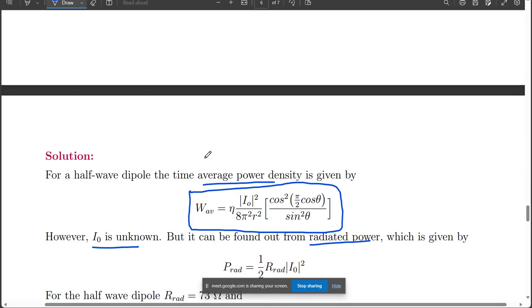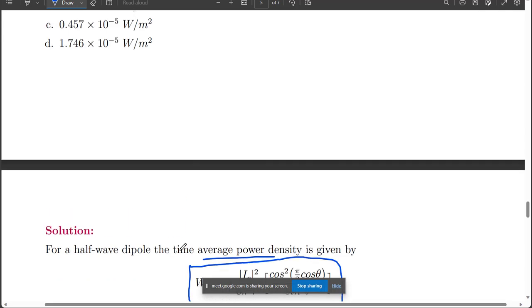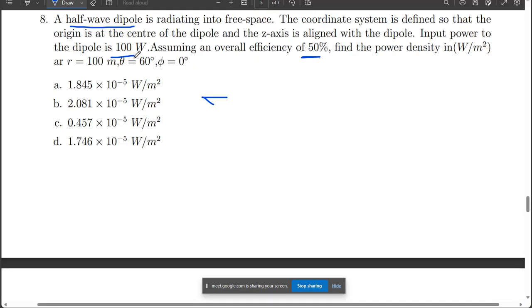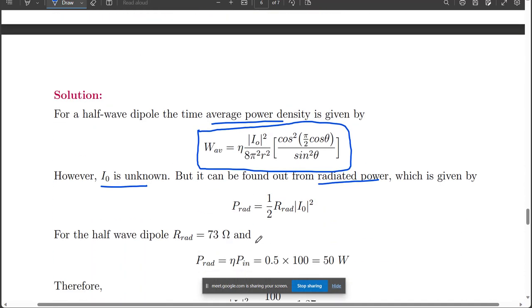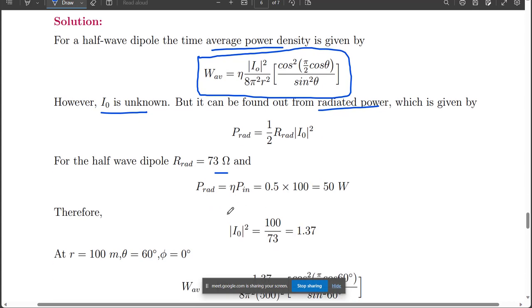If we find the power radiated, we already know R radiated. For a half wave dipole, the radiation resistance is 73 ohms. We'll put it here. Here we know P radiated and R radiated, we don't know I naught, but we will be able to find I naught.